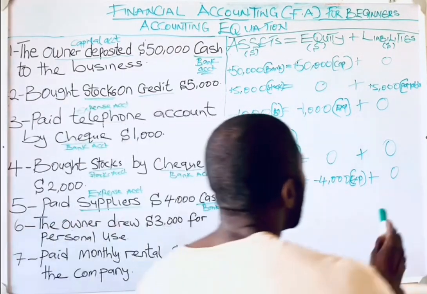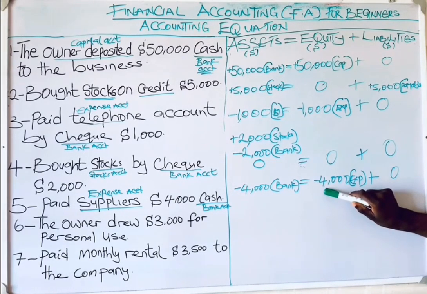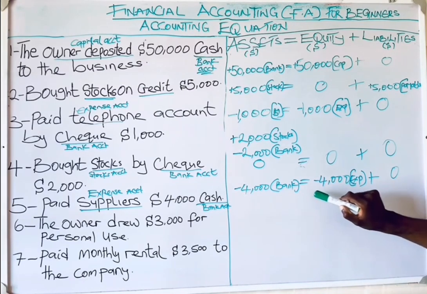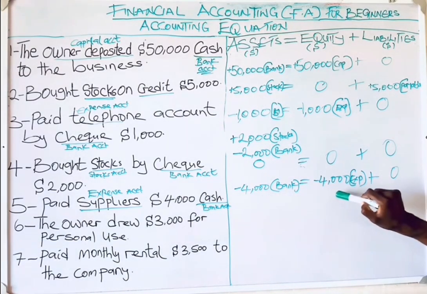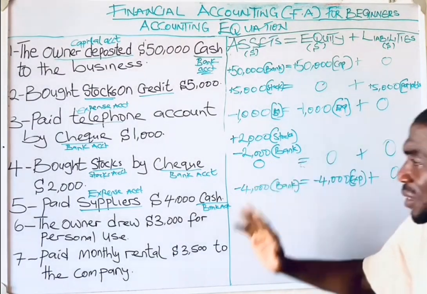So 0 liabilities plus minus, that is negative 4,000 expenses, equals to that same negative amount. So this transaction also balanced. That is how you'll be doing it.